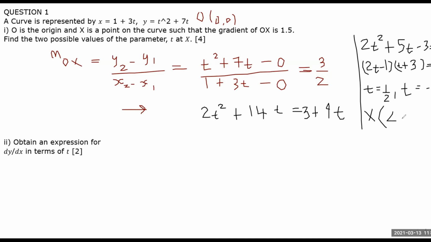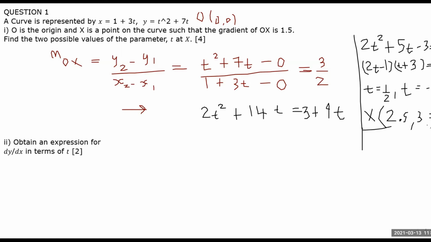So one possible x-coordinate is 2.5, and the y-coordinate would be a half squared plus 7 times a half. So the point is (2.5, 3.75). This is one possible point.